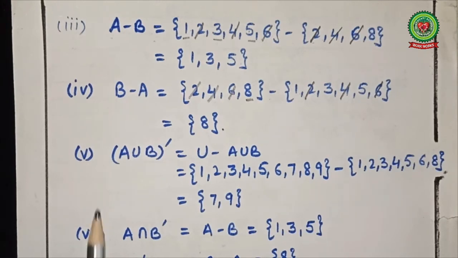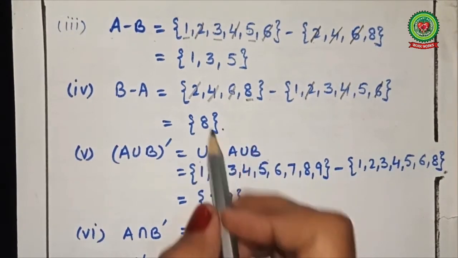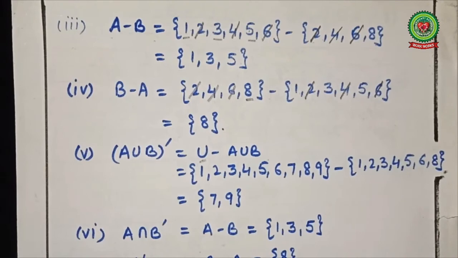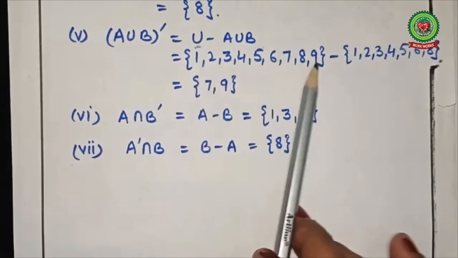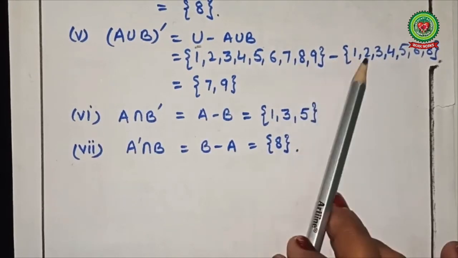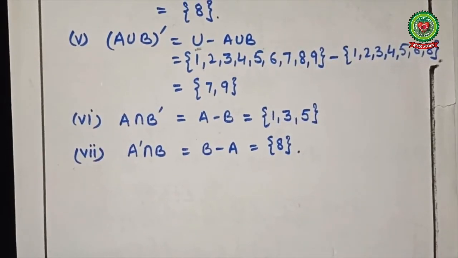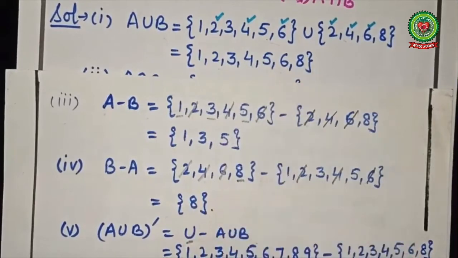Now, next is A union B complement. A union B complement means we have to find not A union B. So, formula will be U minus A union B. U is the universal set. So, on subtracting, we get, universal set is, we are having elements till 9. So, 1, 2, 3, 4, 5, 6, 7, 8, 9 minus A union B, that we have already found, that is A union B is 1, 2, 3, 4, 5, 6 and 8. 7 and 9 is not there.